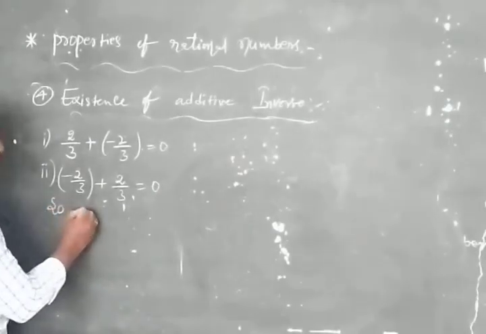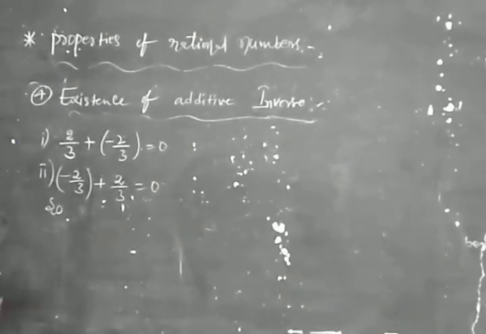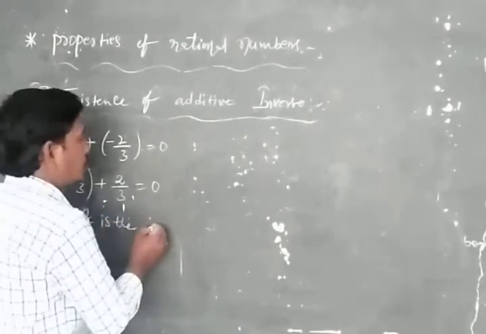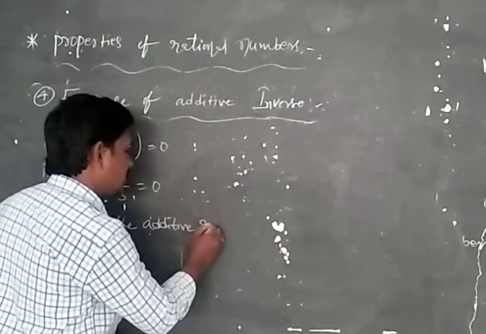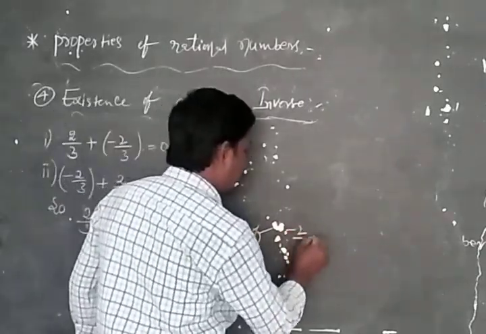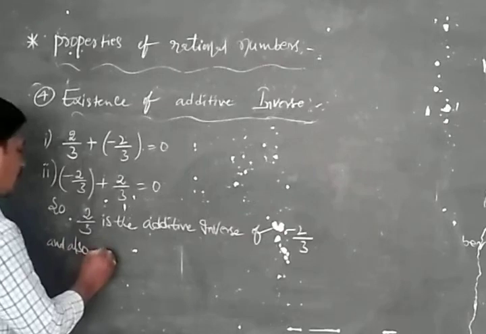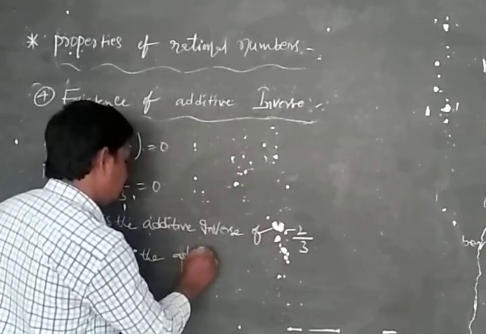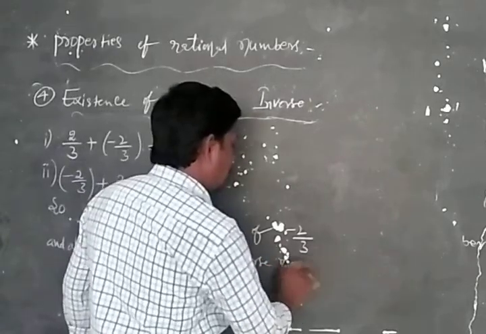So here 2 by 3 is the additive inverse of minus 2 by 3, and also minus 2 by 3 is the additive inverse of 2 by 3.